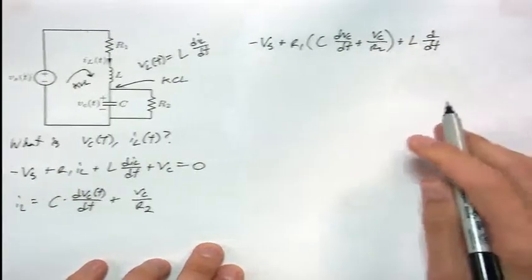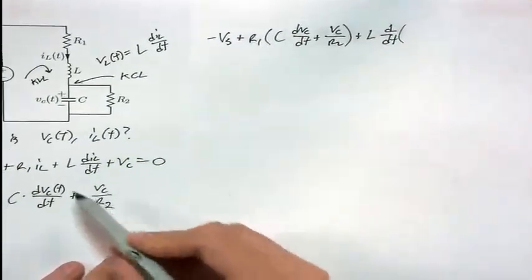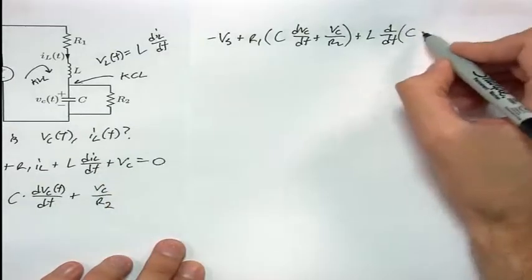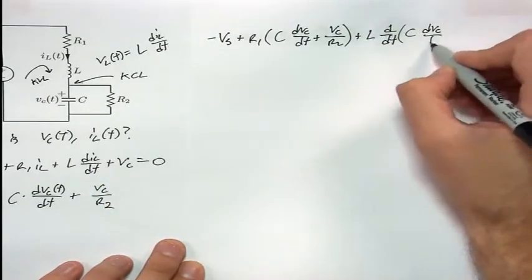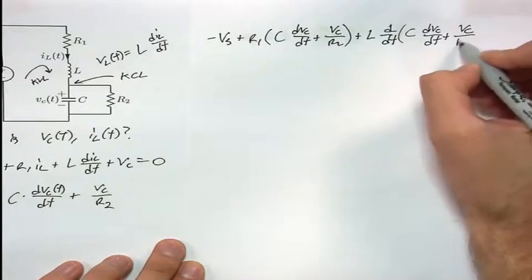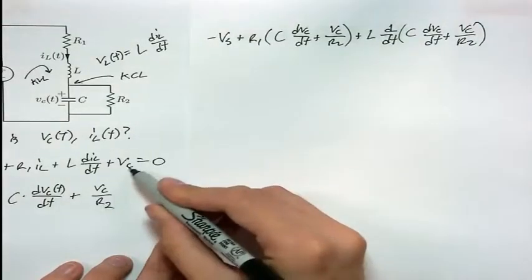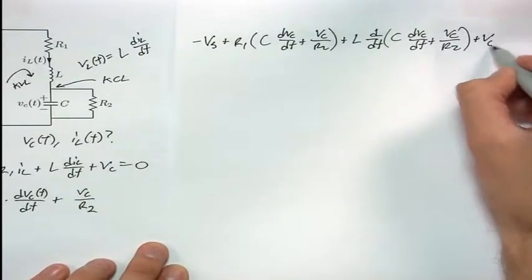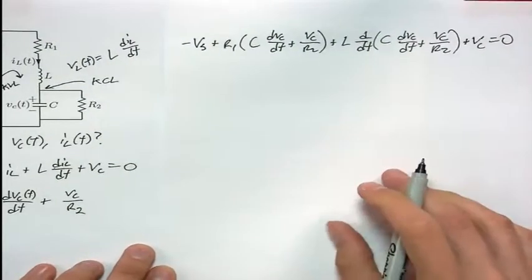Here we are substituting in iL again, and we'll take the derivative later. And finally, we have plus Vc, and all of that equals 0.